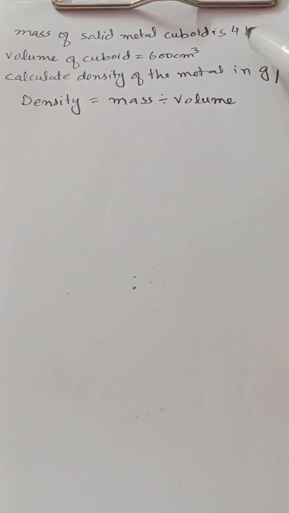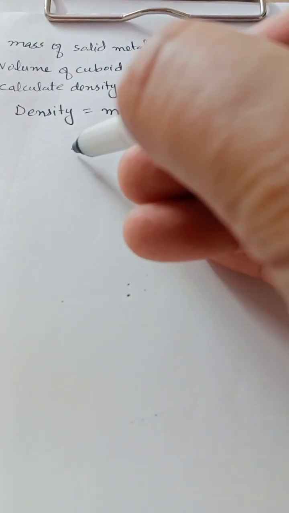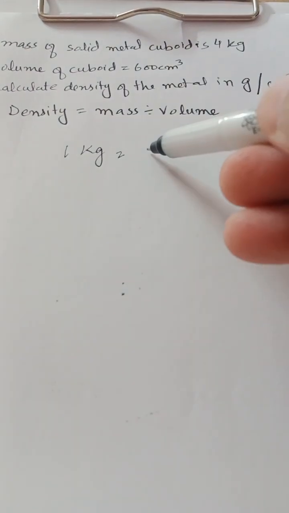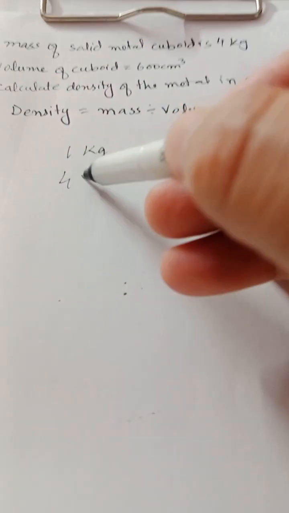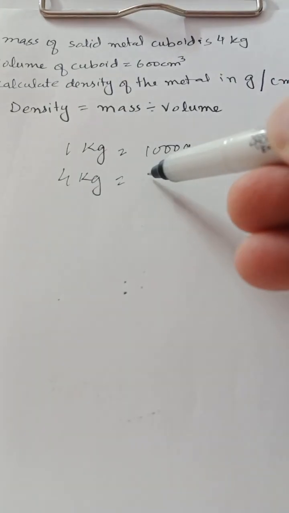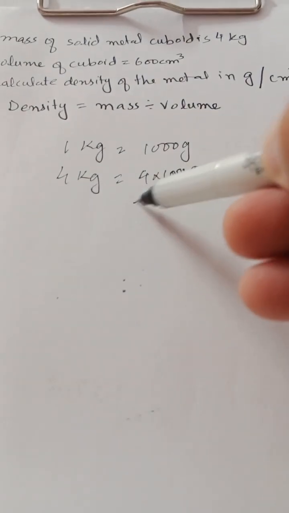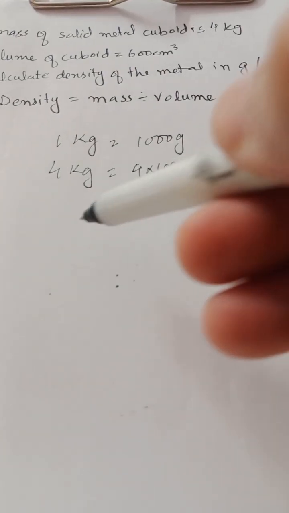So we will convert kg into grams. As we know that 1 kg is equal to 1000 grams. So 4 kg will be equal to 4 multiplied by 1000 grams, equal to 4000 grams.